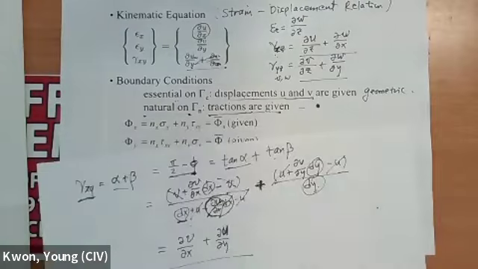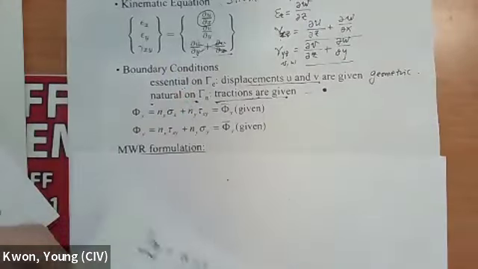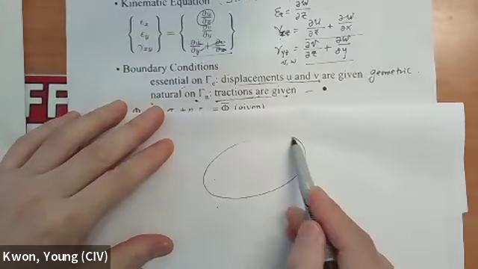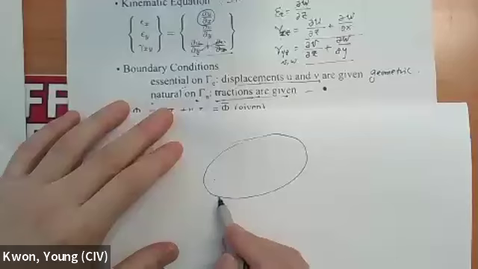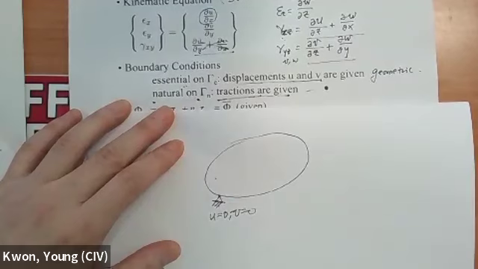So in other words, if you look at a body, let's say I have a 2D body and I constrain this point. So this means here u equals 0 and v equals 0. Okay, at that point.